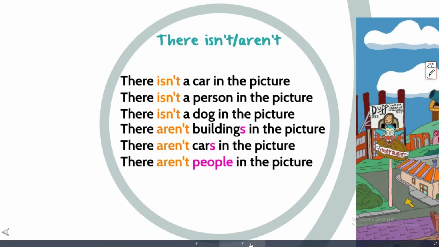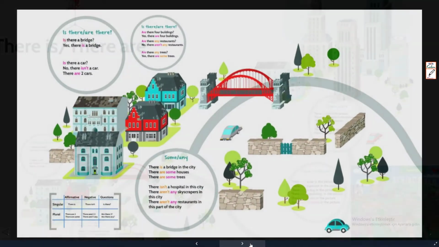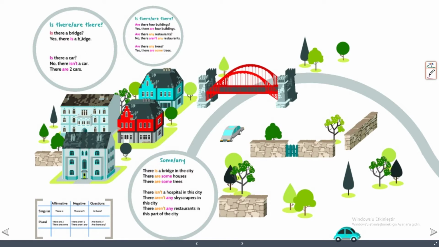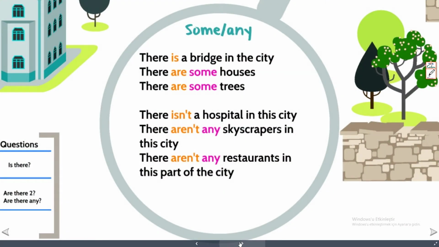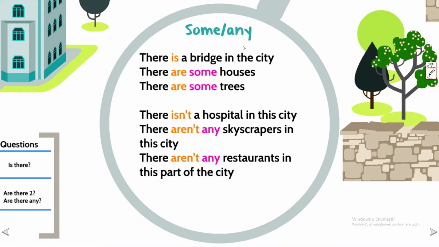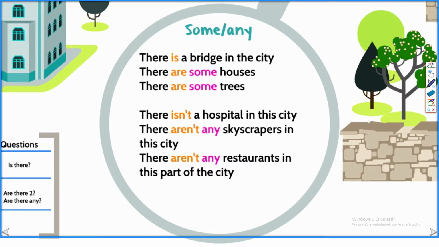We did that, and we have the question type, and we have some and any. In this type we have the difference of some and any, and as you see, we don't use some with negative or question.